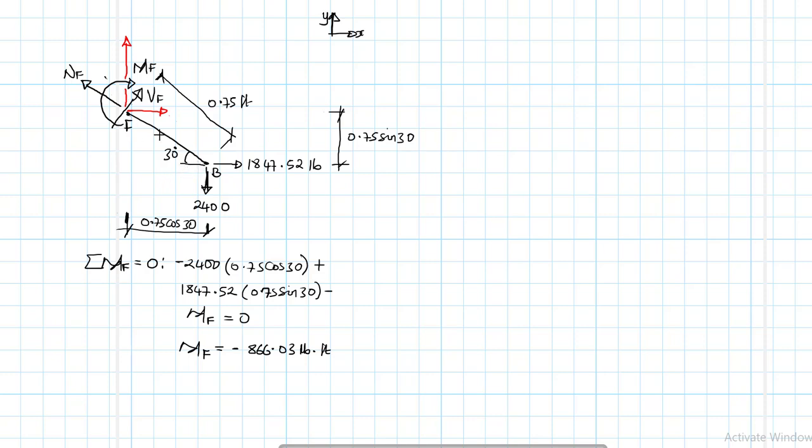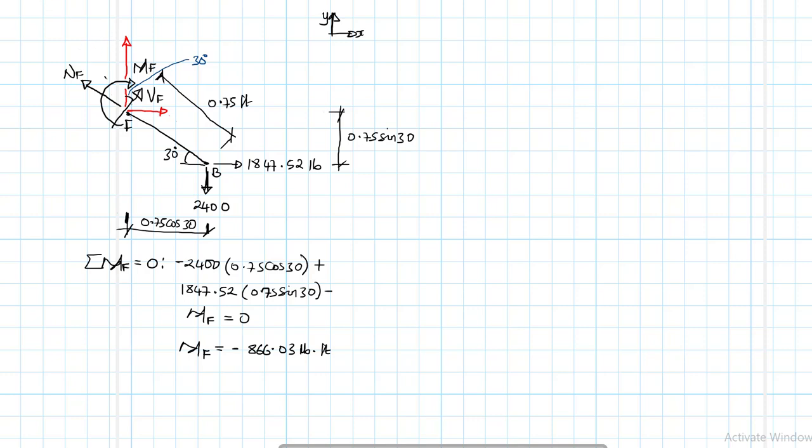If this angle is 30, therefore we expect this angle also here to be 30. So this angle here, let me write it with blue, is 30 degrees.